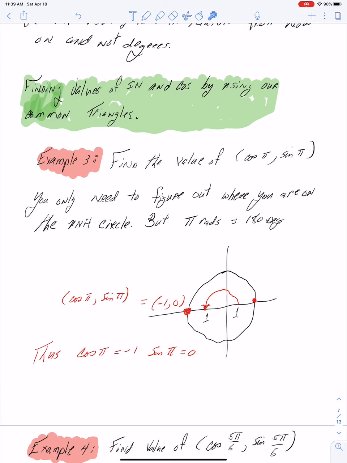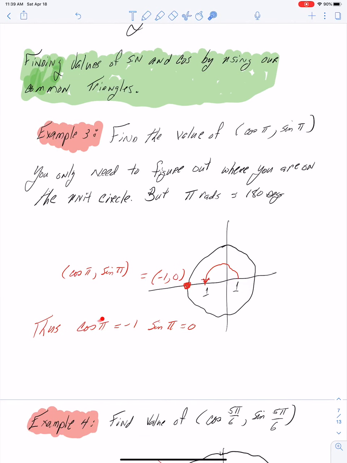My angle starts at the positive arm of the x-axis. And if pi is positive, which it is, I measure it counterclockwise. And what is pi? That lands me right here. Well, since I'm on the unit circle, that's a radius 1, I know that corresponds to the point -1, 0. Therefore, cosine pi is -1 and sine pi is 0.